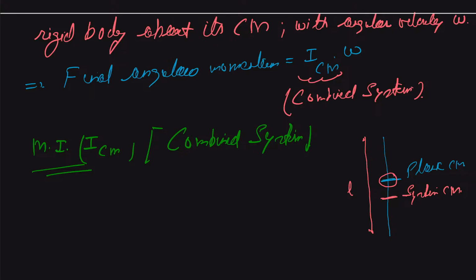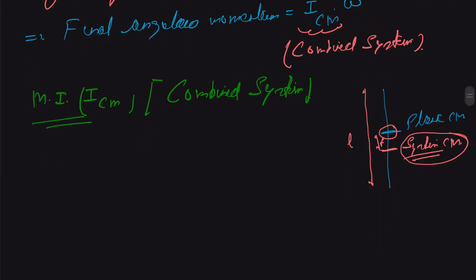We are going to use the parallel axis theorem, because this distance is our delta, to find the moment of inertia of this Planck about the system center of mass. This is the basic thing we are going to use here.